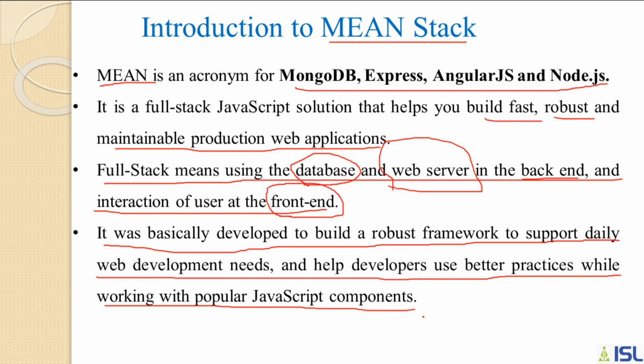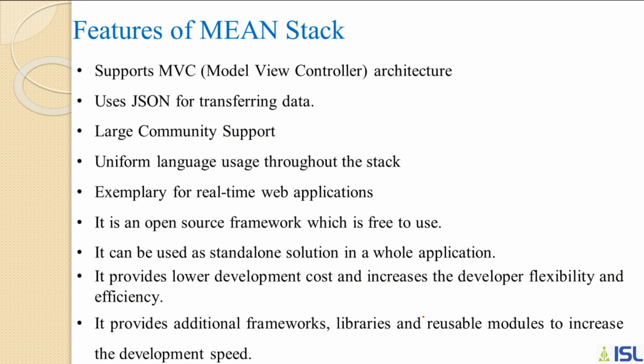Okay, so now we will see the features of MEAN stack. So what are the advantages or benefits or features or properties of MEAN stack? It supports MVC architecture. This is one of the major important factors.